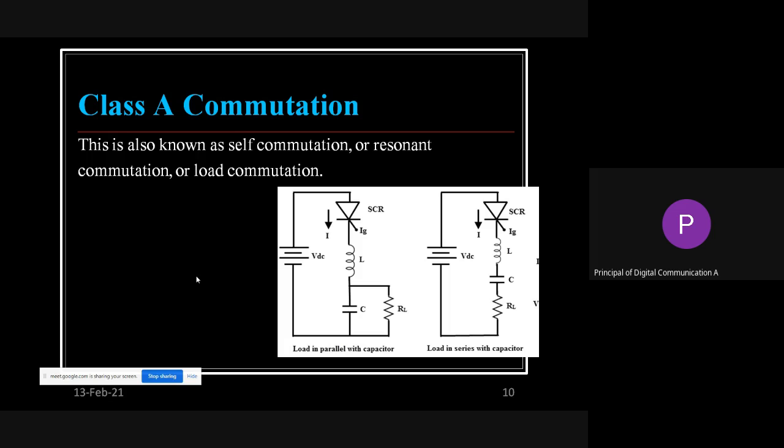So when the SCR is on, this capacitor C starts to charge, and the charging path will be through L, SCR, and towards the positive of the battery. So this capacitor will start charging up to the maximum Vs, or here VDC.